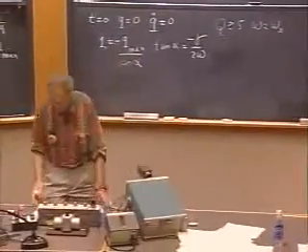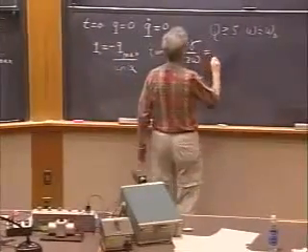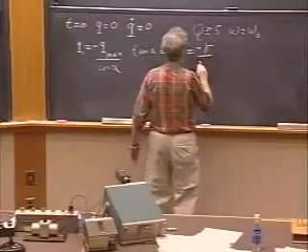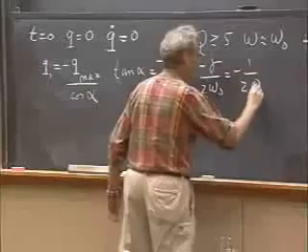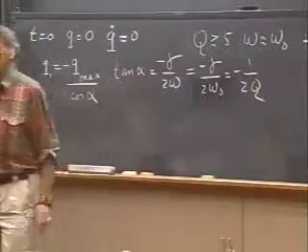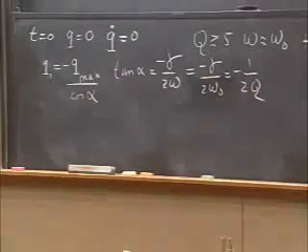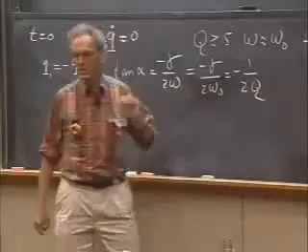Extremely close. So that means I can write for this minus gamma divided by 2 omega 0, which is minus 1 over 2Q. And if Q is 5 or larger, my goodness, this is 1/10. If we forget the minus sign now.